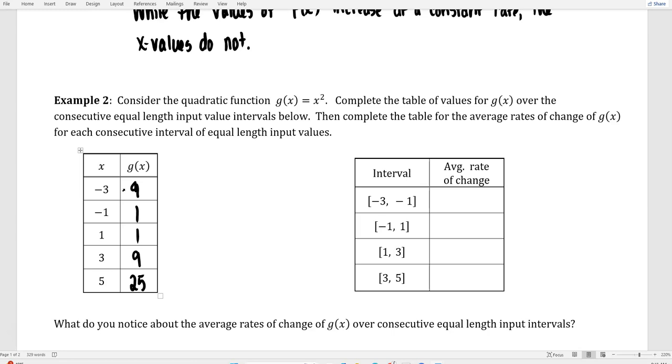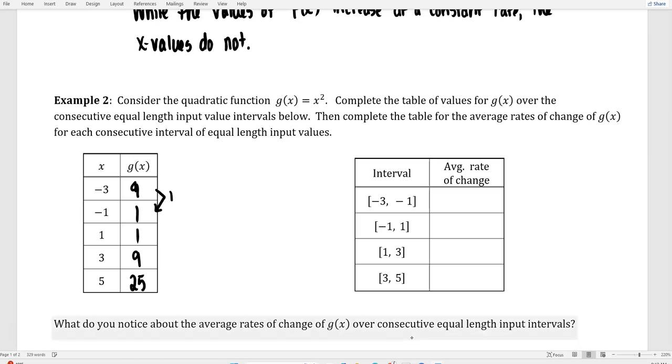That's our table. So if we're looking for the average rate of change from -3 to -1, that is our slope from -3 to -1, right? So I could do a slope formula. If I have a table, what I like to do is just do this. This is your change in y.